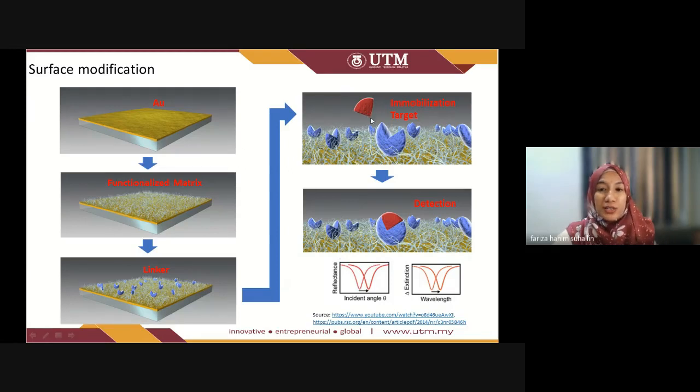And once we introduce matching target, we can have hybridization on the surface of our sensors to get the shifting in the profile of the SPR for the purpose of sensing.